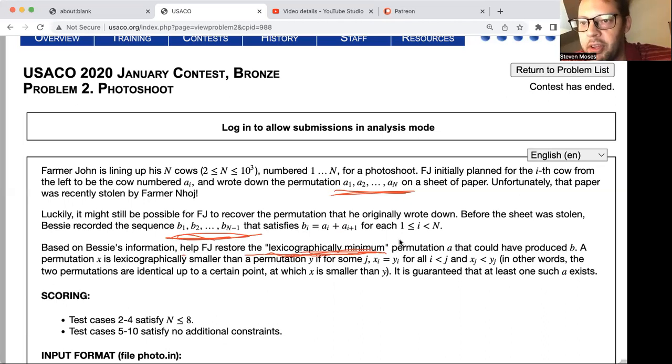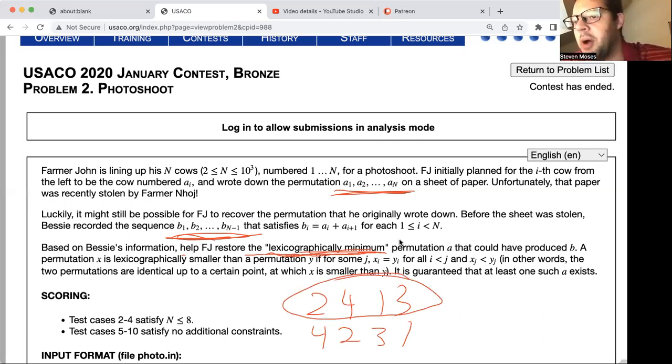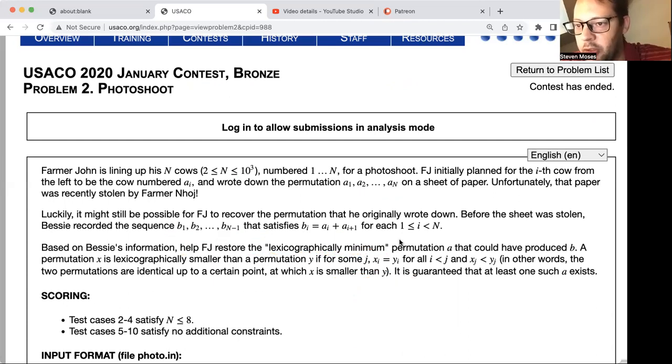So for example, in the example I did above, 2, 4, 1, 3 was a potential solution, and then 4, 2, 3, 1 was a solution. The first one is lexicographically smaller. It's the lexicographically minimum of the two because 2 is smaller than 4. If you were to put these numbers in order, this one comes first. So we want the minimum permutation A that could have produced B.